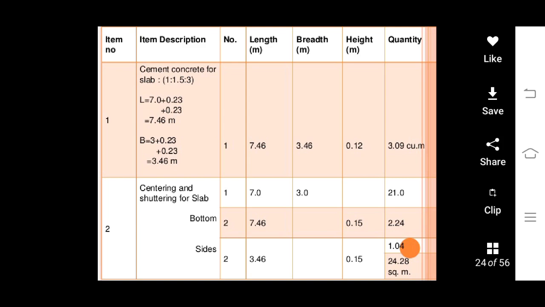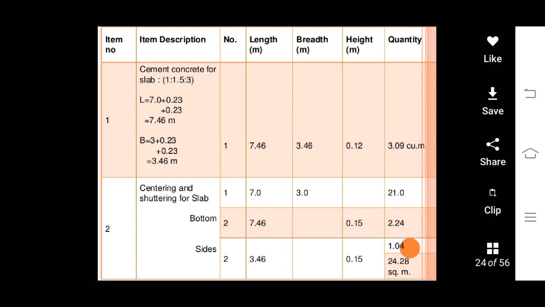For bottom, the length is 7.46 and height of 0.15, and for sides, the two numbers have length of 3.46 and height of 0.15 meters.